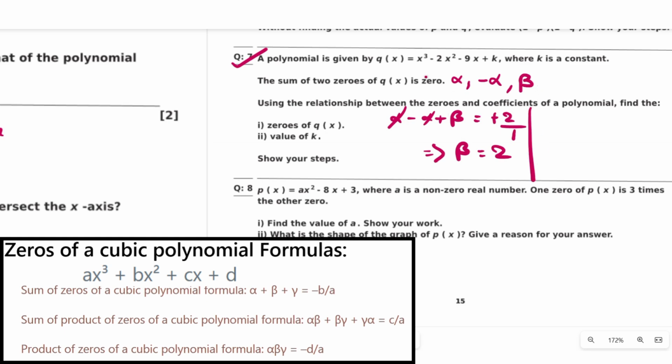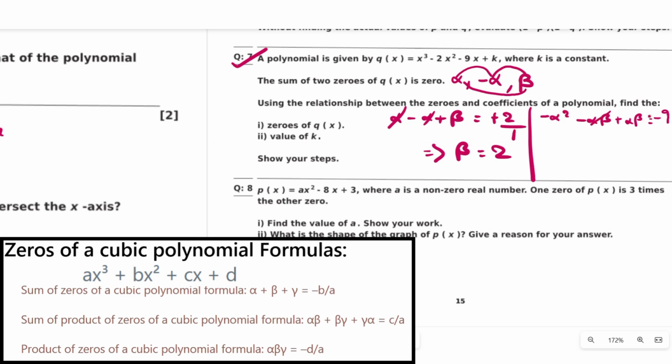Next relation is the sum of the products taken 2 at a time. That means alpha into minus alpha, that's minus alpha squared, plus alpha into beta, minus alpha beta, plus minus alpha into beta, that's plus alpha beta, equals minus 9 by 1, that's minus 9.